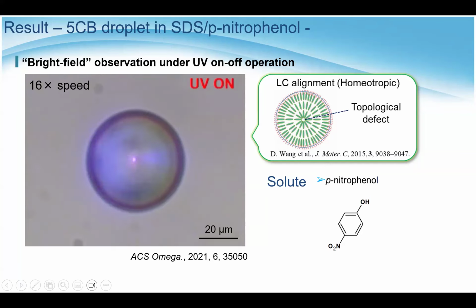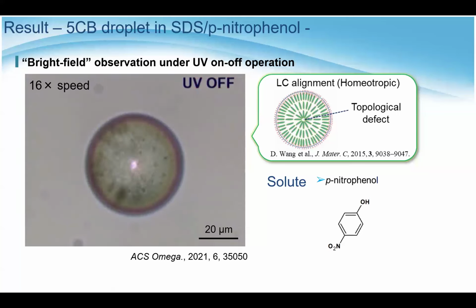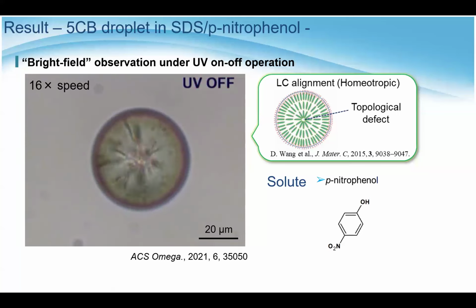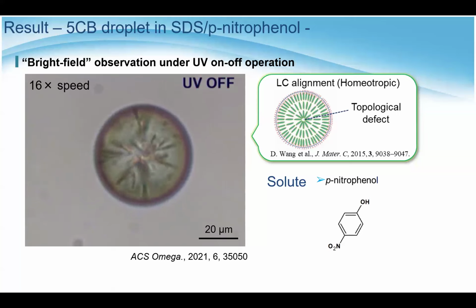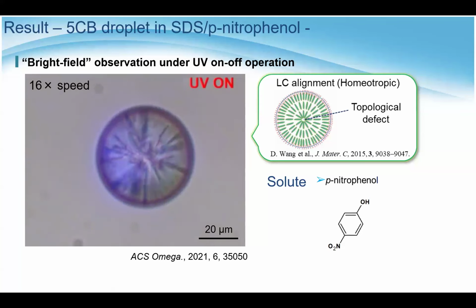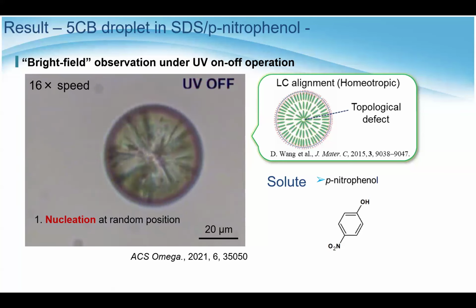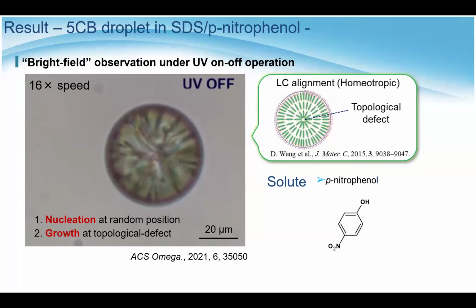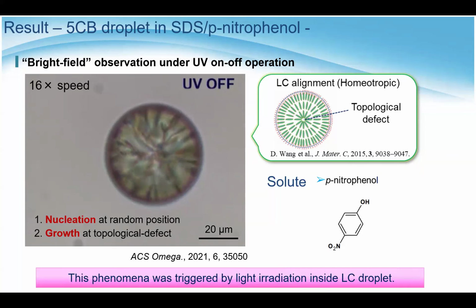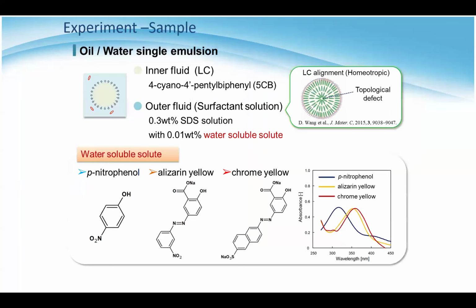When the light is illuminated, somehow objects are formed inside the liquid crystal droplet, and they aggregate to the center of the topological defects of the droplet. What happened is that nucleation occurred at random places in the droplet, and then the objects grew at the topological defect. And we supposed this is triggered by light irradiation.